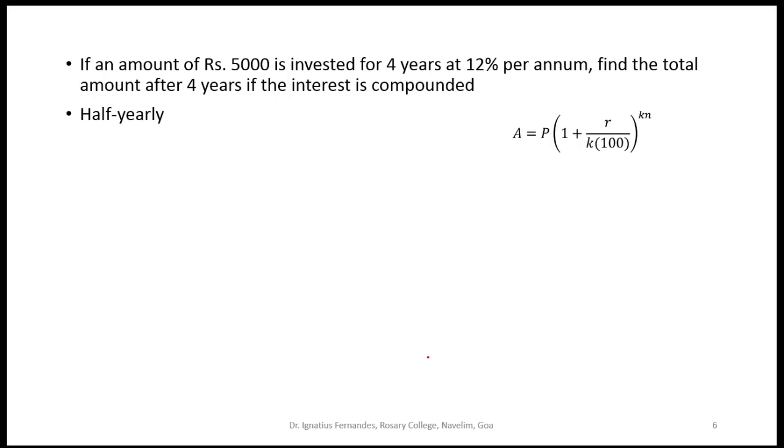Let us say the interest is compounded half yearly. In that case, what we have to do, as we said, is put k equal to 2. So the total amount A will be equal to, with k equal to 2, the formula A equal to P into 1 plus R upon k into 100, raised to k into n, since it is half yearly.